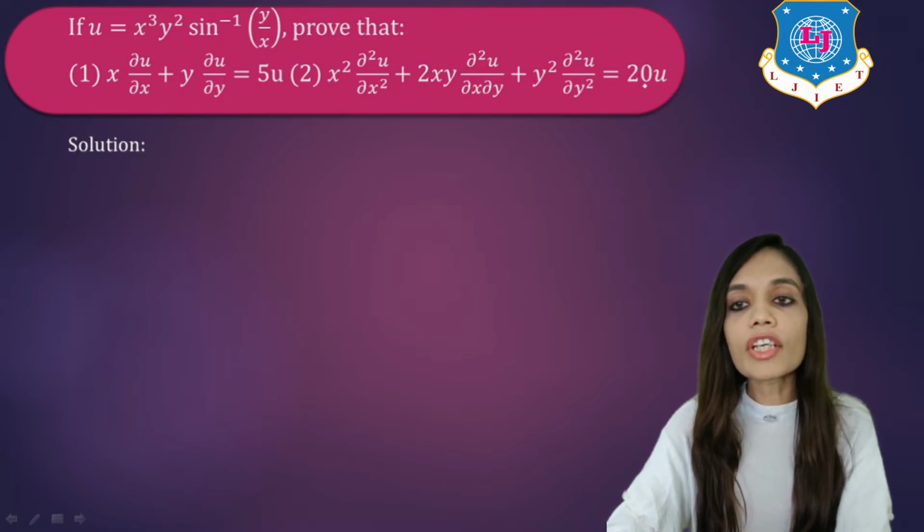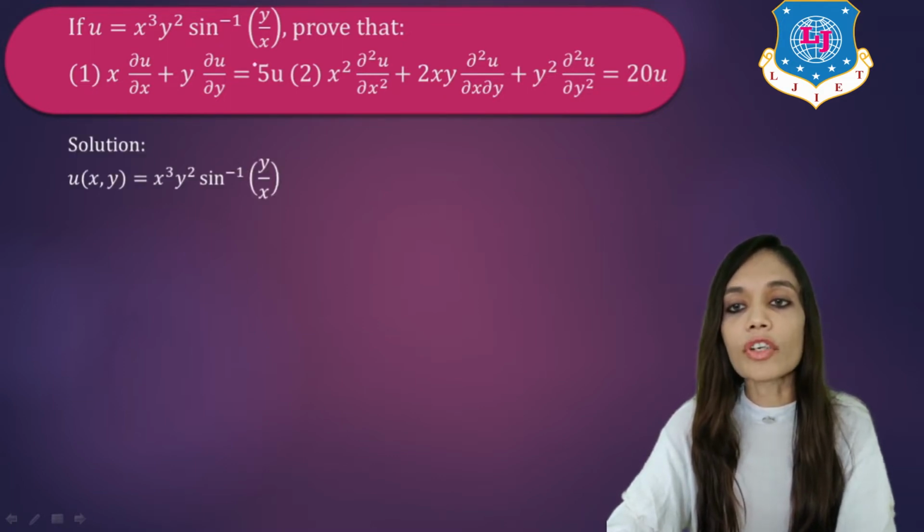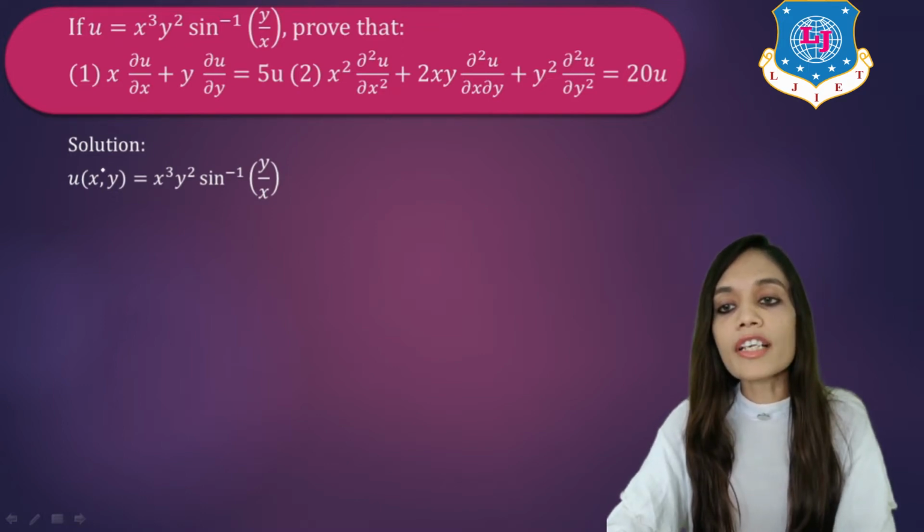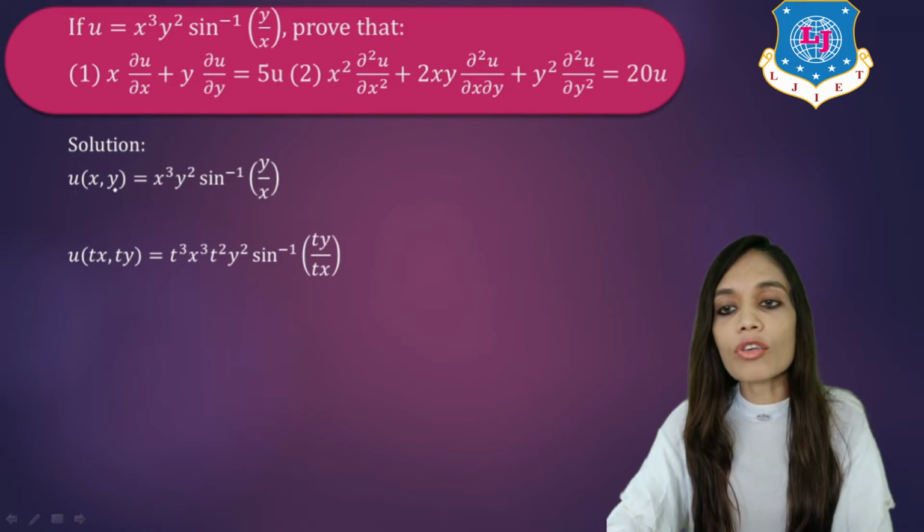So firstly we have to check whether the given function is homogeneous or not. So let us begin the solution. u of x comma y equals x cube y square into sin inverse y by x. Firstly we will replace x by tx and y by ty. So on replacing, you will get t cube x cube into t square y square sin inverse ty upon tx.